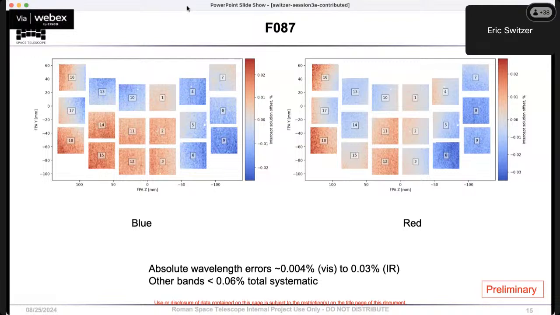And these are all in wavelength rather than in flux. So all the other bands land within a 0.06% wavelength knowledge. And I'd be happy to talk about the structure that is there and ongoing work to push below this level.